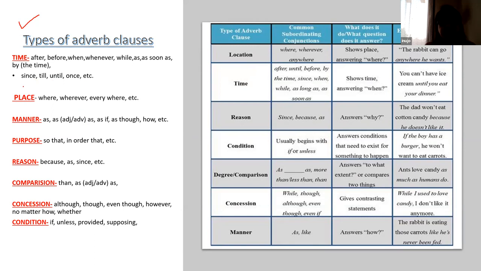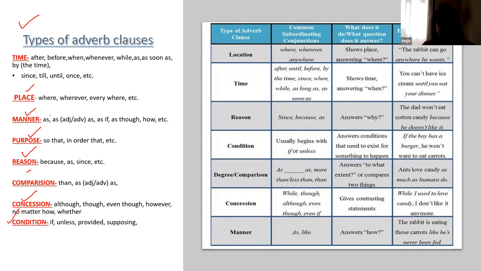Okay. Suppose it is adverb clause of place. So you can see there is adverb clause of time, place, manner, purpose, reason, comparison, concession, and condition. So total, I think you have got 1, 2, 3, 4, 5, 6, 7, 8 different types of adverb clauses that have been mentioned in your textbook as well.